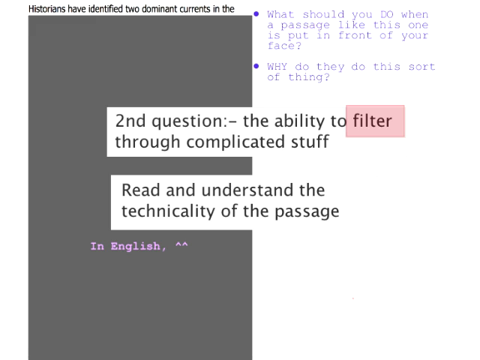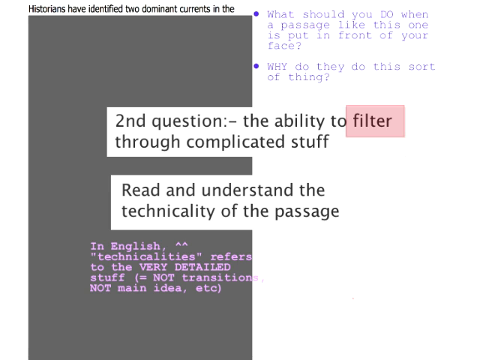Just make sure that you know that technicalities, plural, I mean, a technicality is one thing, but technicalities refers to the very detailed stuff. In other words, not transitions and not main idea, etc.